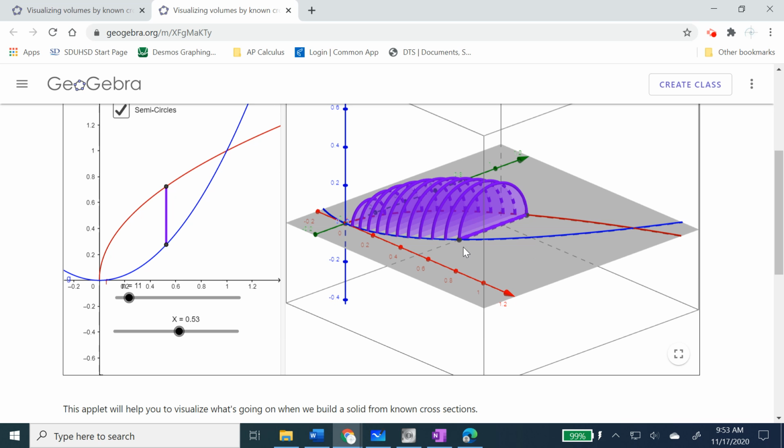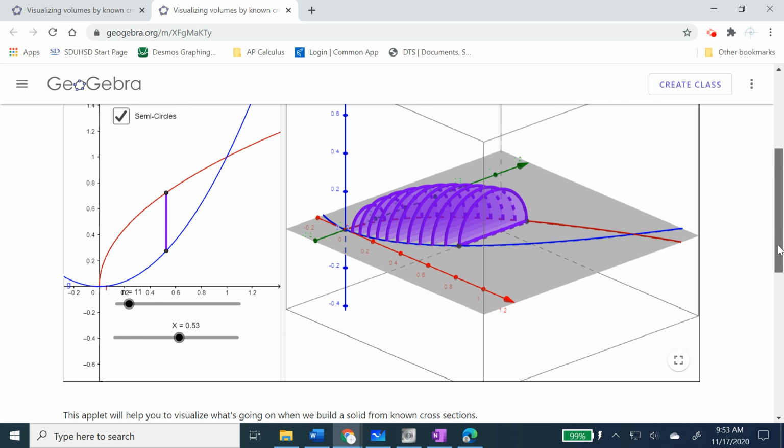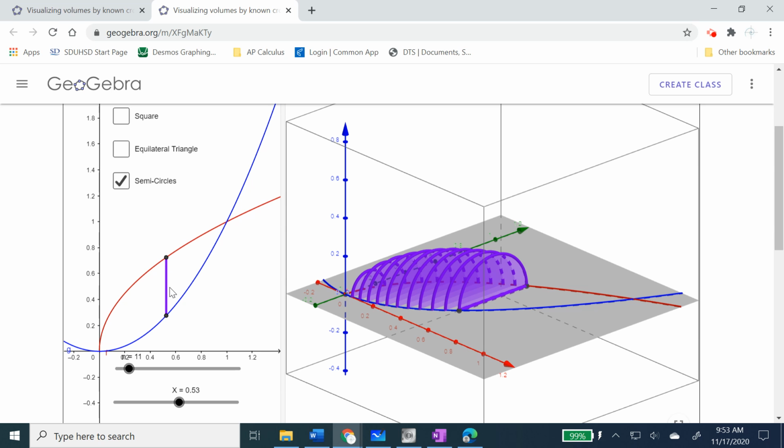But with rotational volume, it's always an axis of rotation that's either on the edge of the region or completely outside of the region. And so in that way, it's different. But with cross-sectional volume, at least for today, you are just going to be dealing with particular shapes.